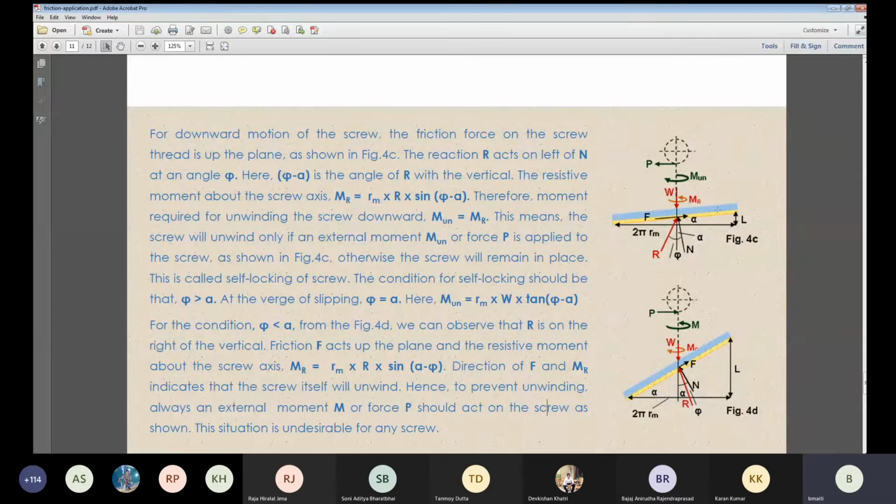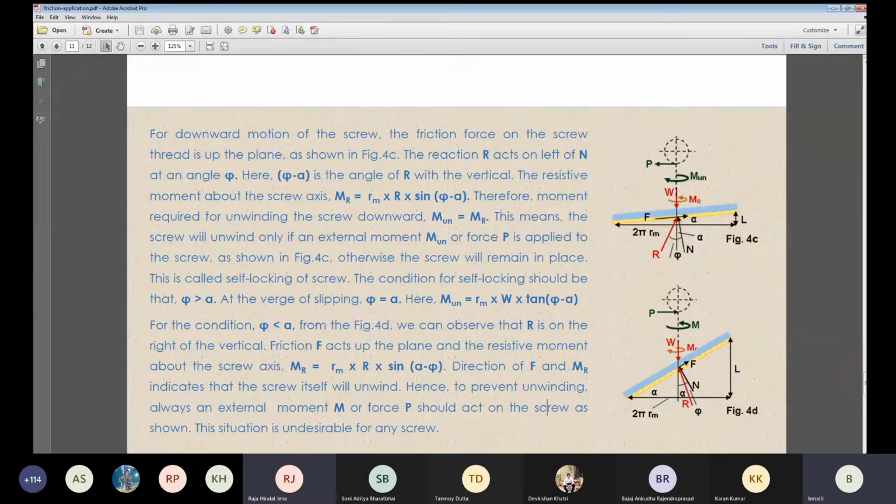This is the thread. It is away. This is the P. You can see the arrow of the P. So this is the mean radius, from the top view. All the threads are drawn here. If you look from the front view, then this axis and this figure will be in the same plane, but basically it is a little away from that one.